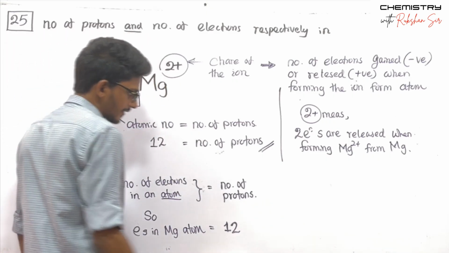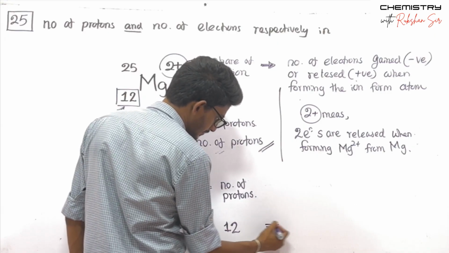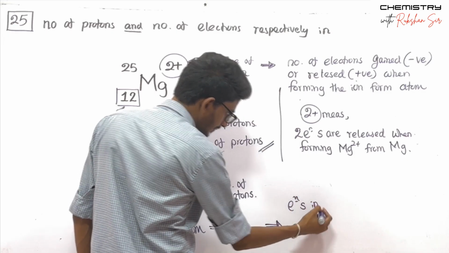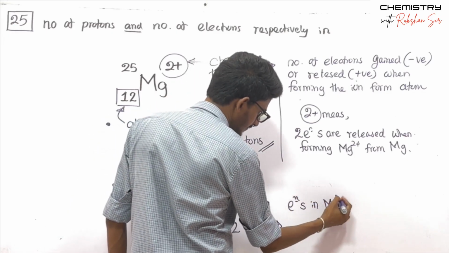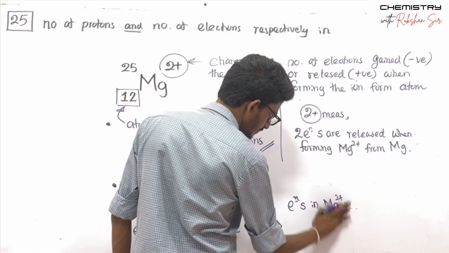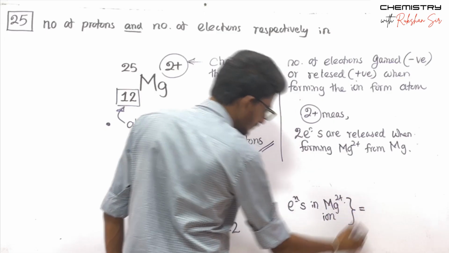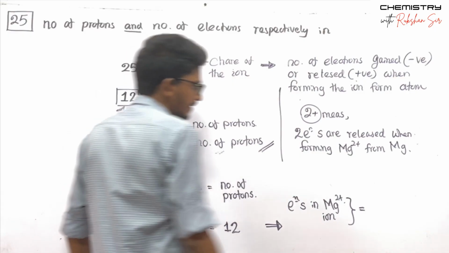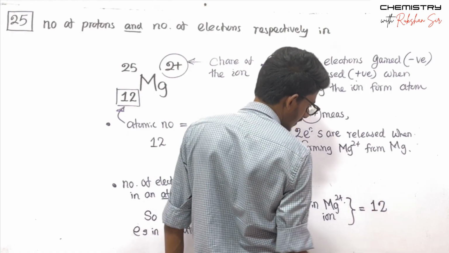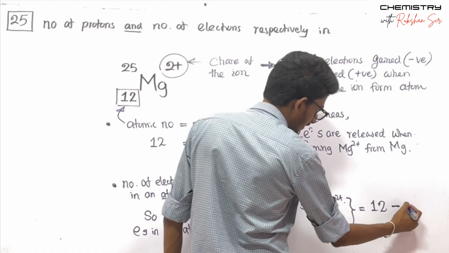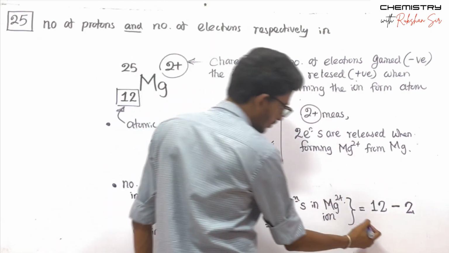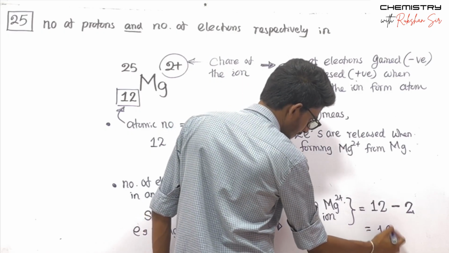So electrons in the Mg 2 plus ion is equal to the number of electrons in the magnesium atom minus the electrons released when forming the cation. That is going to be 10.